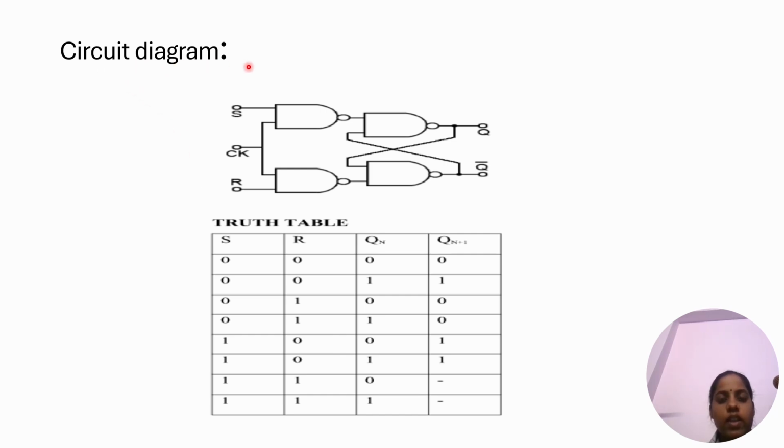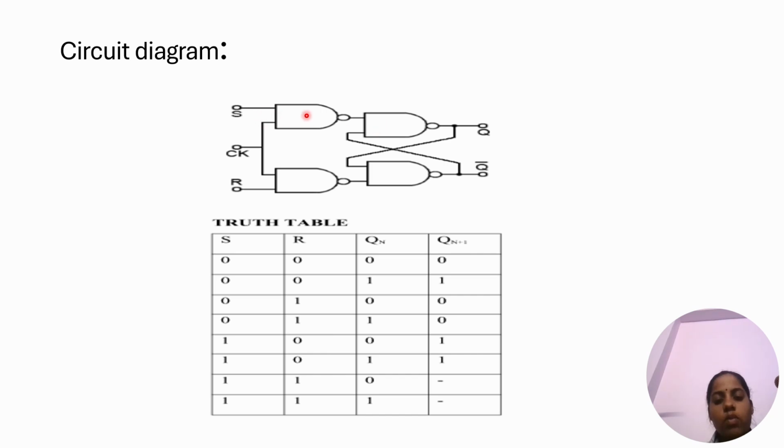This is the circuit diagram of the SR flip-flop. Here we take 4 NAND gates. Here the first input is S, and next input is clock, and for the next NAND gate R is the input, and the clock is common to the two NAND gates.